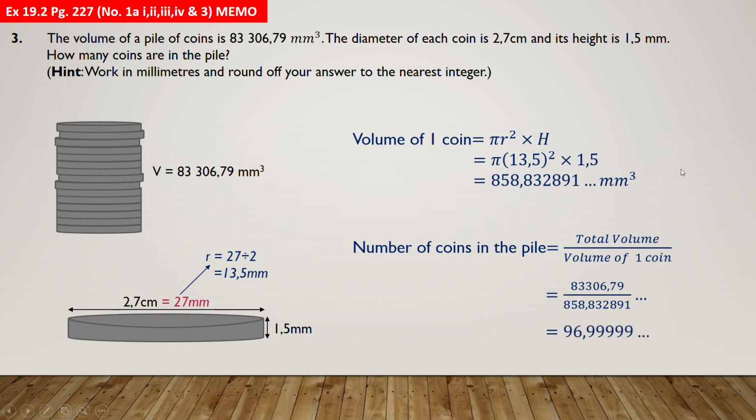And I'm going to get that that's equal to 96,9999. They want it rounded off to the nearest integer, so that's the nearest whole number. So all in all, if I round that off, in the whole pile there are 97 coins. Thanks, guys.